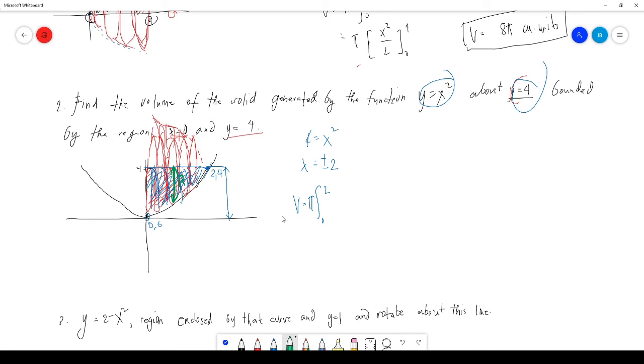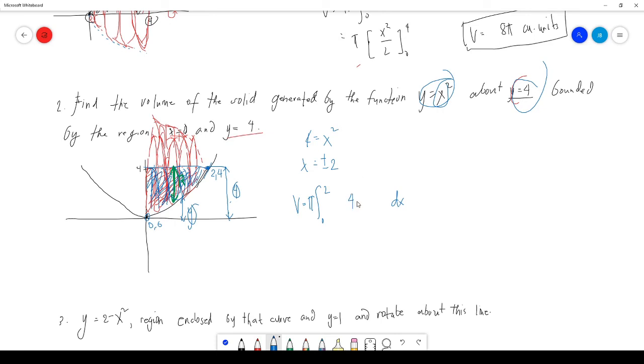How do we do that? So obviously this one would be y, correct? And this is obviously 4. So 4 minus y is the f of x, or the radius. And since this is in terms of x, this is dx, we are going to let y in terms of x, which is x squared.